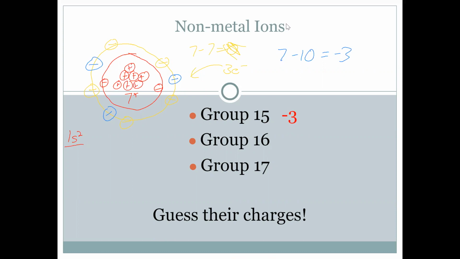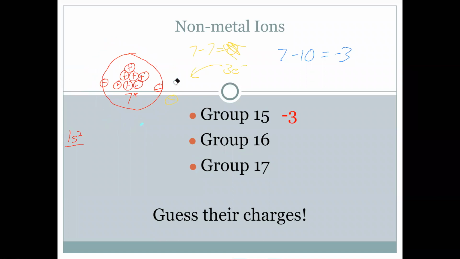So if I were to now talk about group 16 instead, let's just talk about that for a second. I'm going to not erase my entire drawing because it's going to be easier for me to just add on to it. Let's say we're talking about oxygen now.